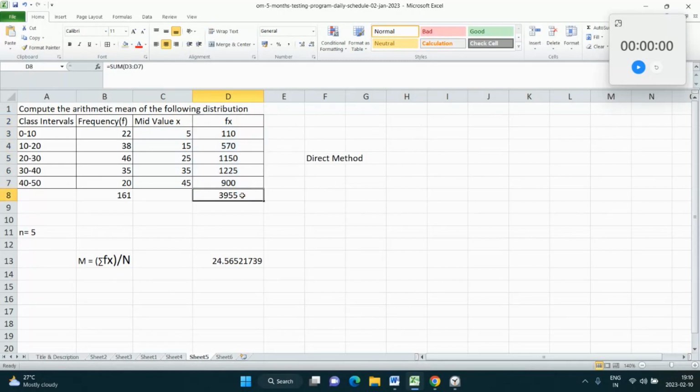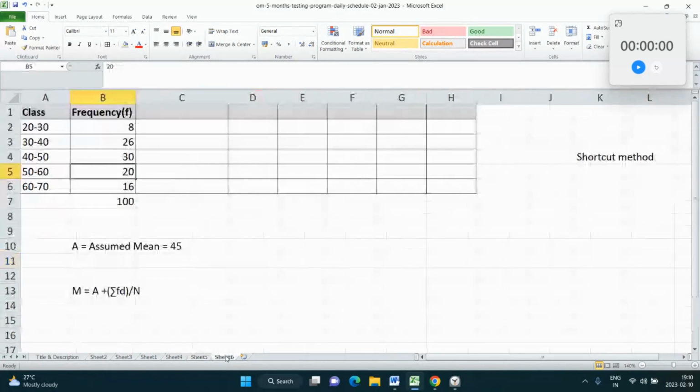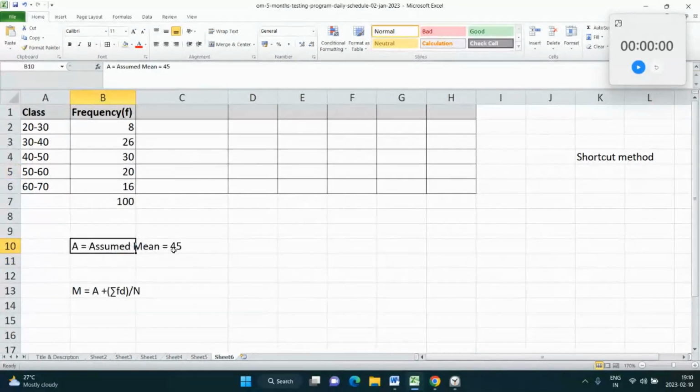Then you calculate this and this. This divided by 161 gives you the answer, mean value. Now, in the shortcut method, I am assuming some value called assumed mean. It is not given in the problem.